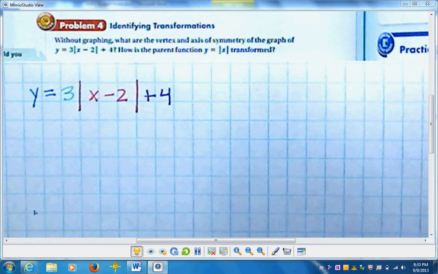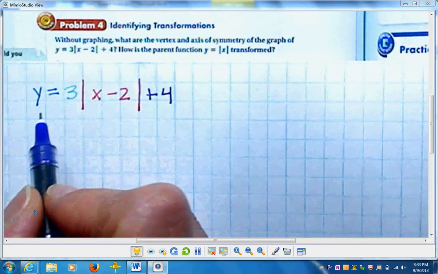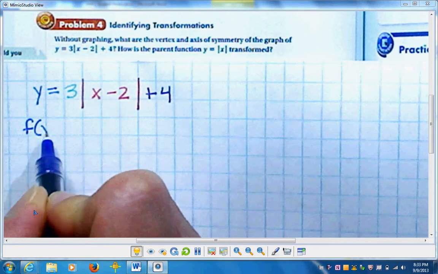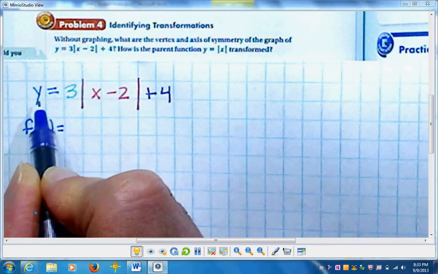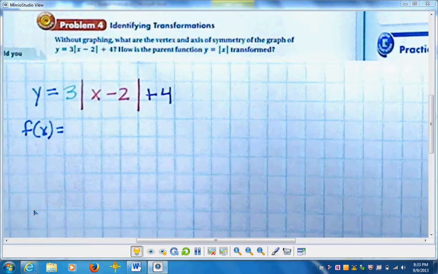I'm going to use function notation. They're not using it here. So f of x, which is the same thing as y, these are both exactly the same meaning.